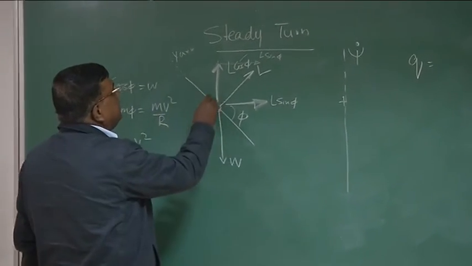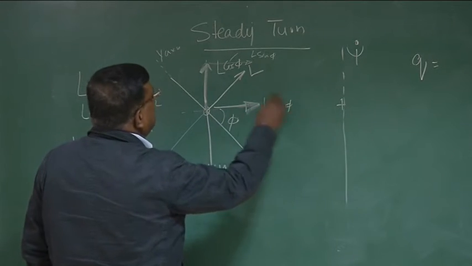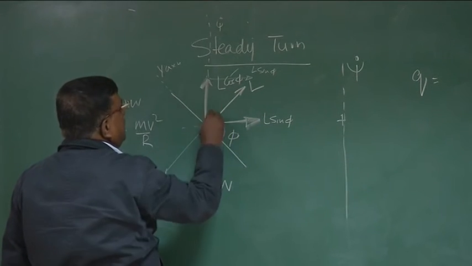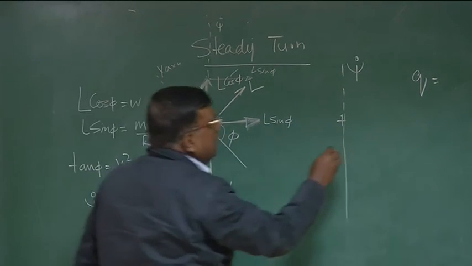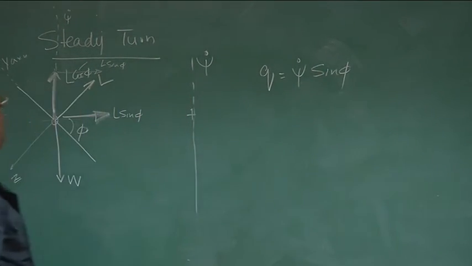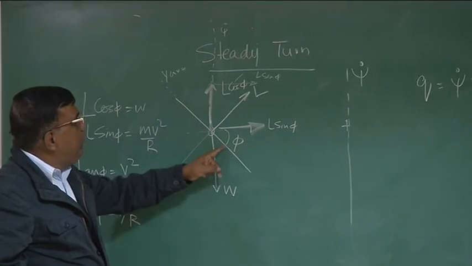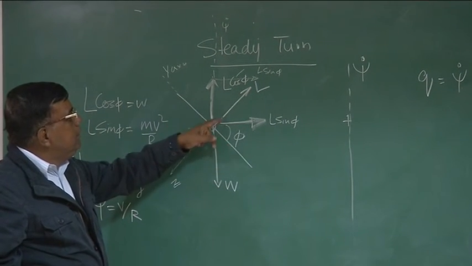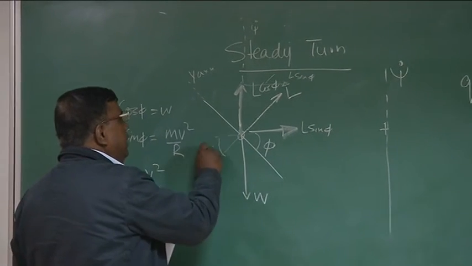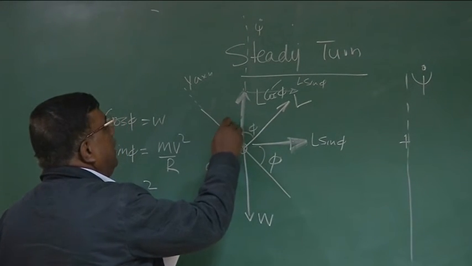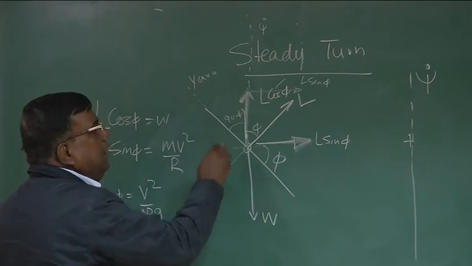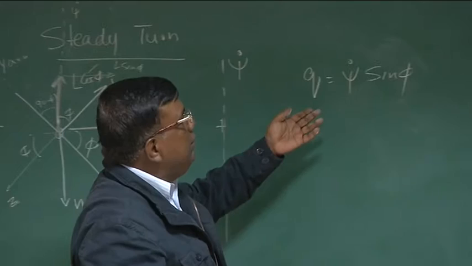So if I draw a psi dot here parallelly, then there will be a component along the y-axis, and that is equal to psi dot sine phi. You see this? One component will come here, this is phi, this angle is 90, this is again phi. You can find out yourself, this is 90 minus phi. The cos component will become the sine component, because cos of 90 minus phi is sine phi.